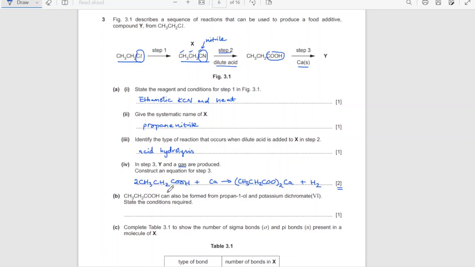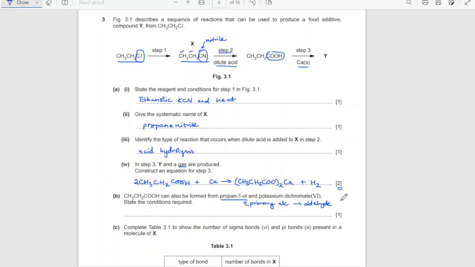Now, propanoic acid can also be formed from propan-1-ol and potassium dichromate(VI). State the conditions required. So if I am oxidizing propan-1-ol, which is a primary alcohol, remember that primary alcohols first are oxidized to give you an aldehyde, but if you want to just produce an aldehyde, you need to distill the product.